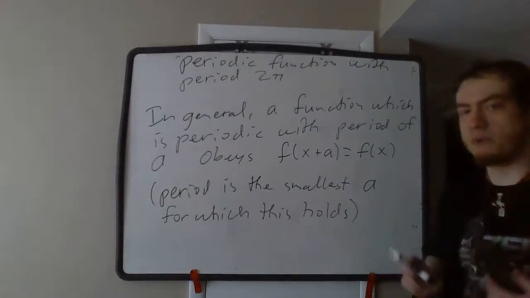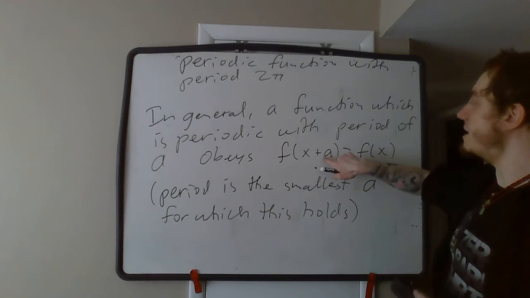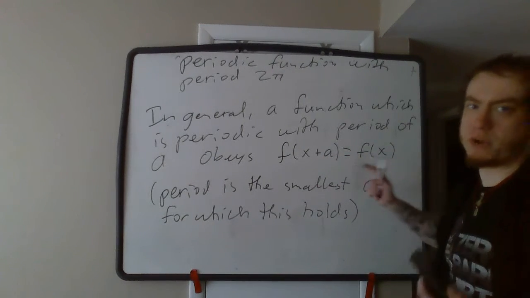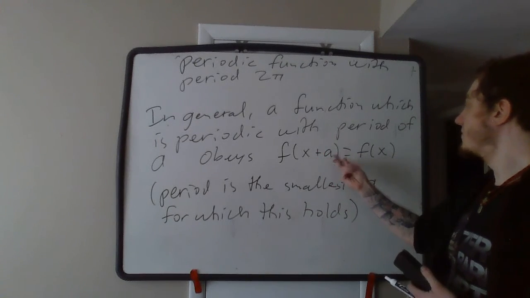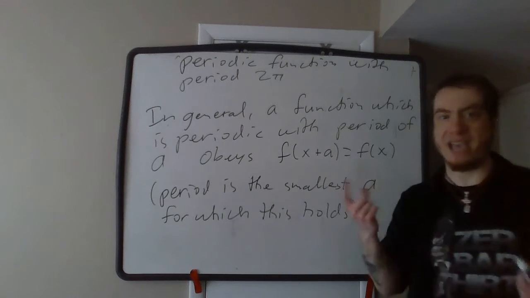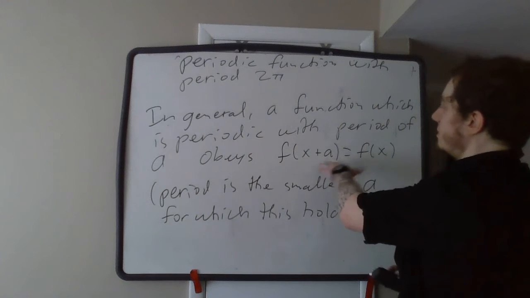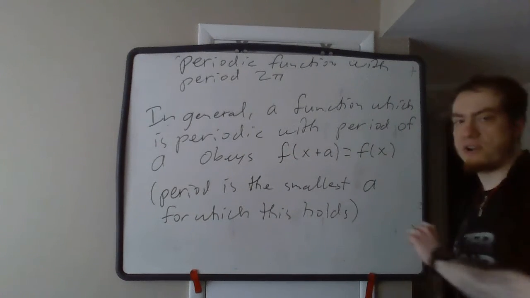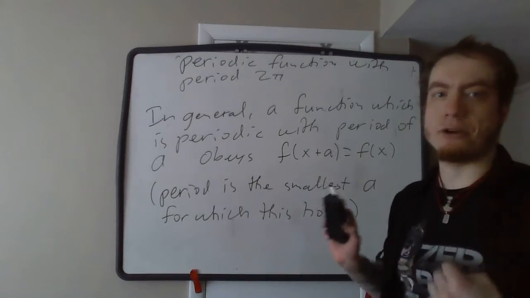The reason we have to be careful about that is because if this is true, then it would also be true if I added 2 times a or 3 times a, because I could break this up into x plus 2a comes back to f of x plus a, which comes back to f of x. So we want to take the period to be the smallest shift in the variable that we need to make in order to start repeating the same pattern over and over again.